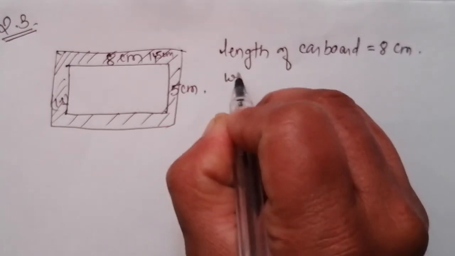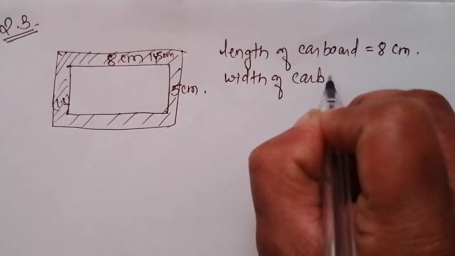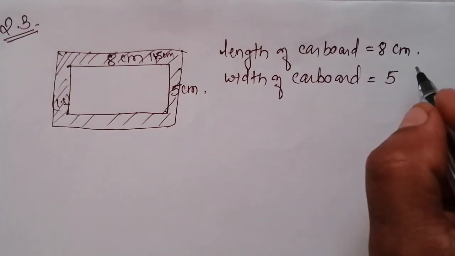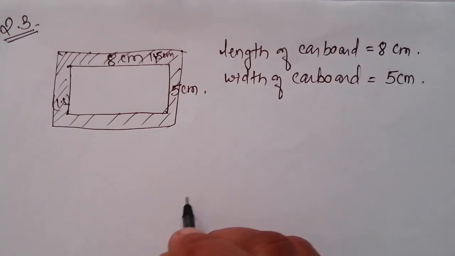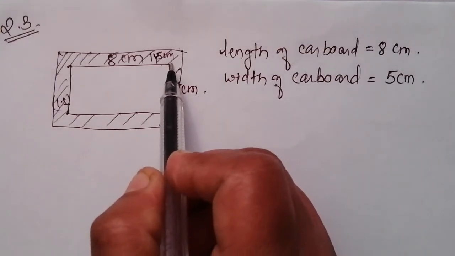And the width of the cardboard is equal to 5 centimeter. Now here the length of the cardboard is given, right?